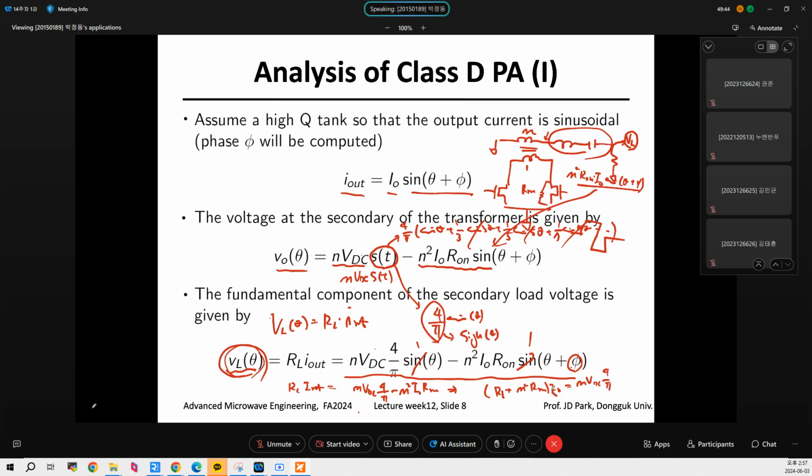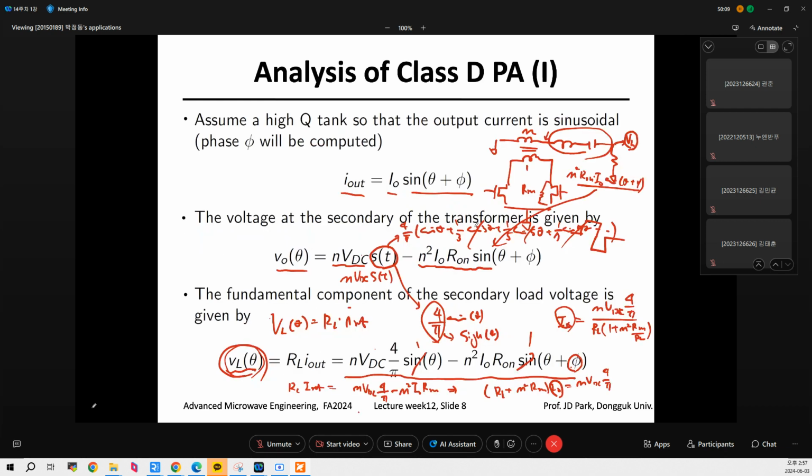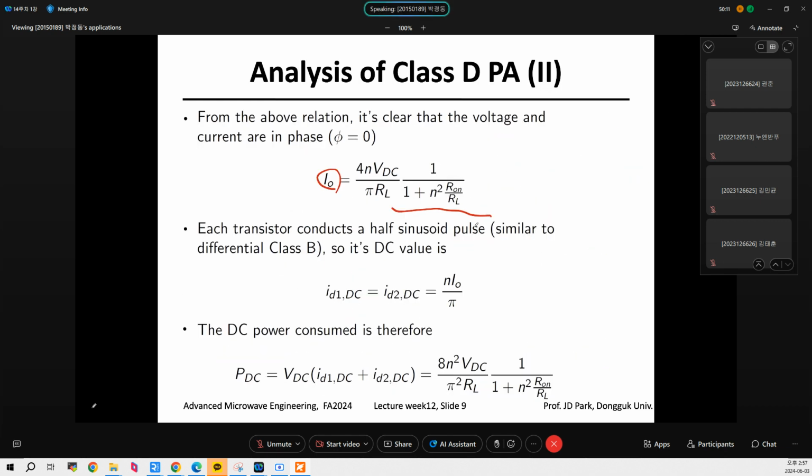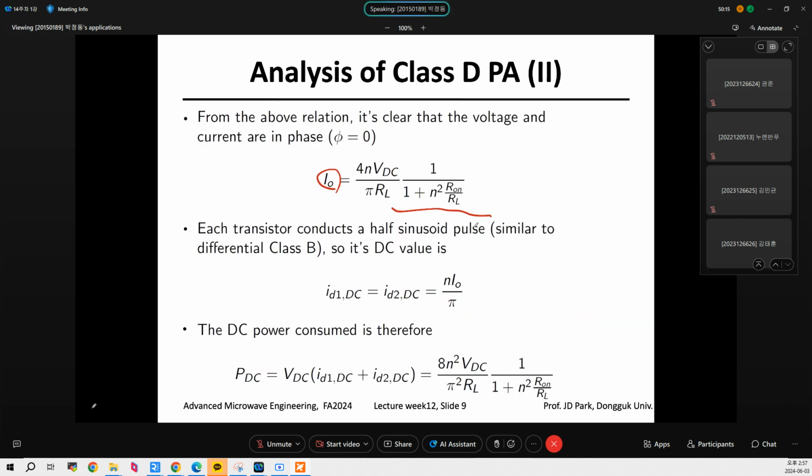You can calculate I out equal to N VDC 4 over pi, and just take out RL, and something like this. Fine. So you get I out. This is this, right? N VDC. So we get this.